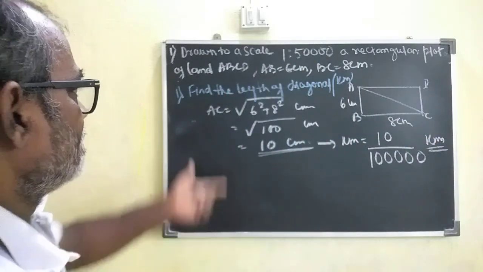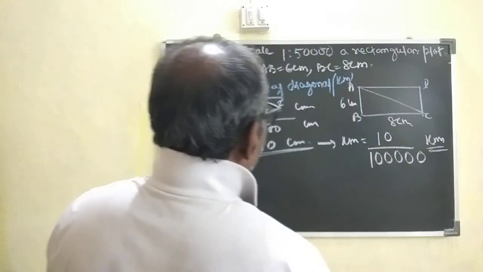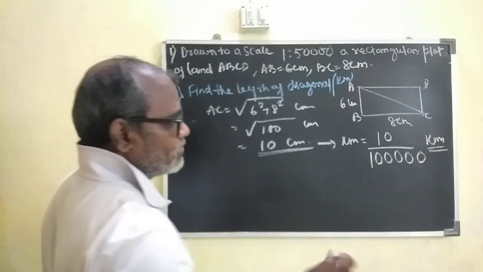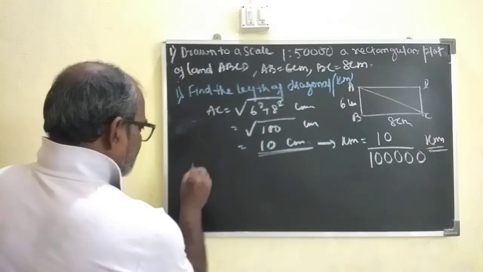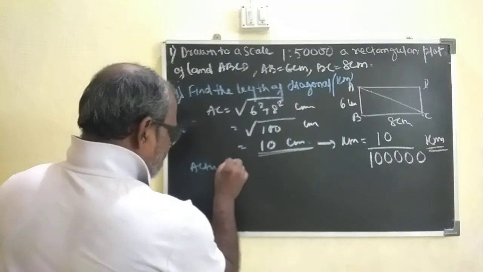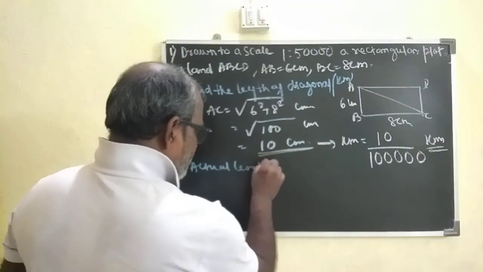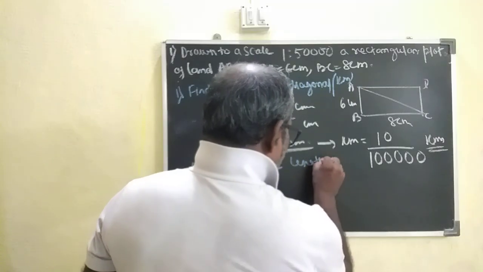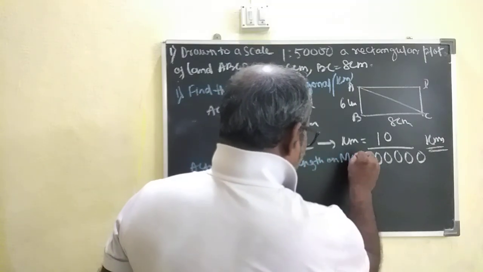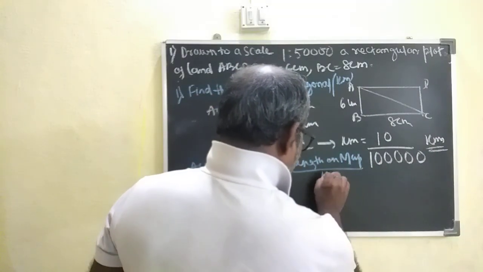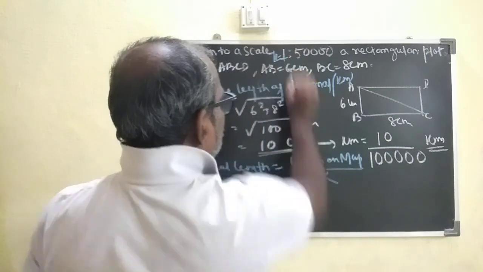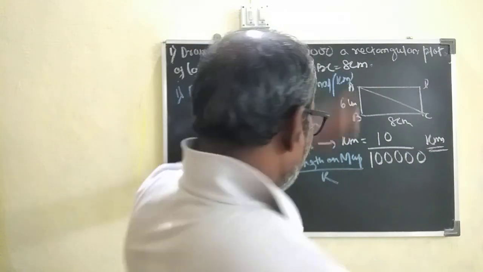Now let us change it into the actual length of the diagonal. I have given you the formula already: actual length equals length on map by scale factor. Here the scale factor is K equals 1 is to 50,000.